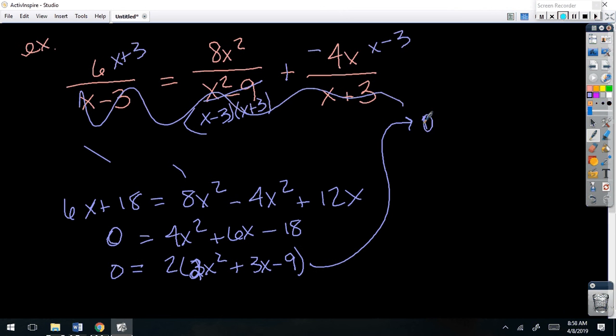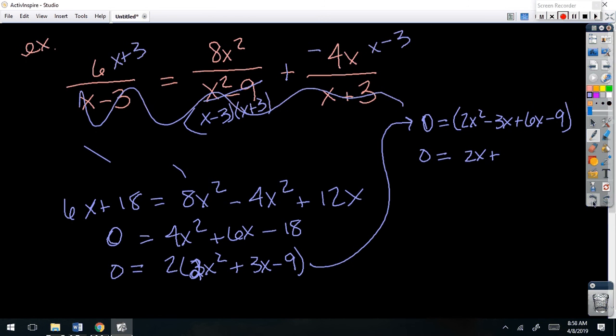What is it? 6 and negative 3, that's right. 2x squared minus 3x plus 6x minus 9, which would give me 2x plus 3. Right, nope. 2x minus 3.